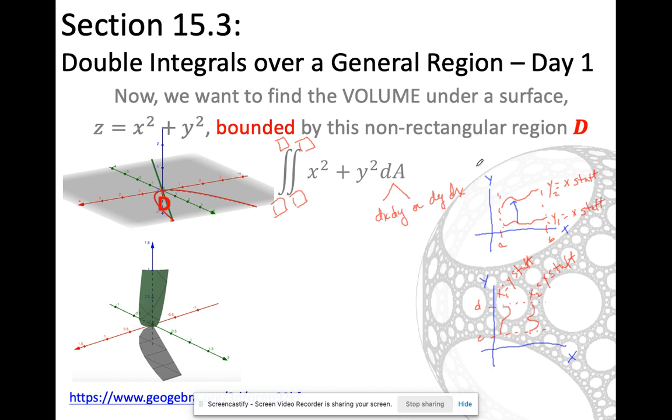Okay, so that's where I have to kind of decide: this is going to be type 1, this is going to be type 2. And that decision is going to make this decision.